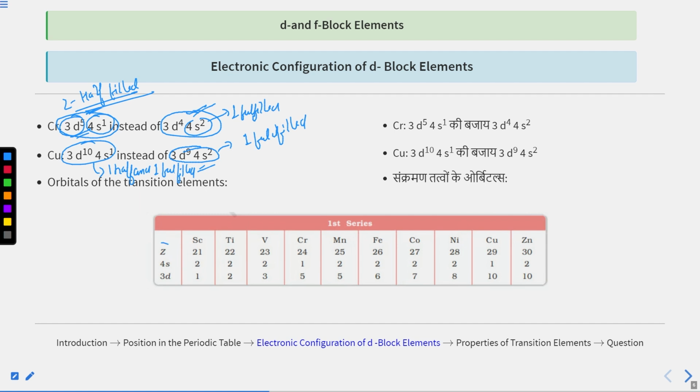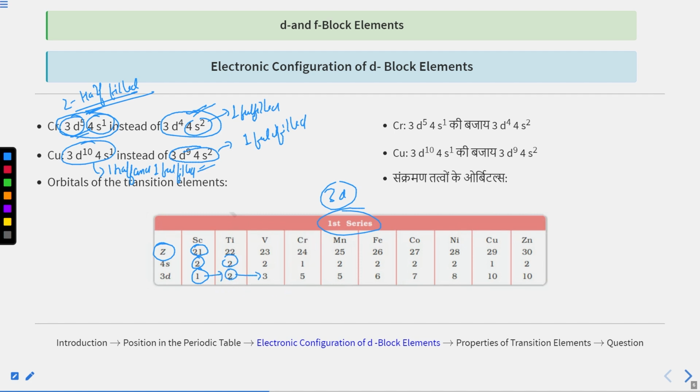Now, this is the electronic configuration of the first series. The first series refers to 3D elements. Scandium has an atomic number of 21, out of which 4s has 2 electrons and 3d has 1 electron. Again, the number of d electrons goes on increasing, 1 to 2, 2 to 3.